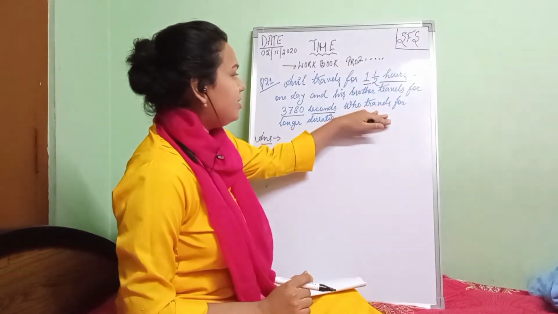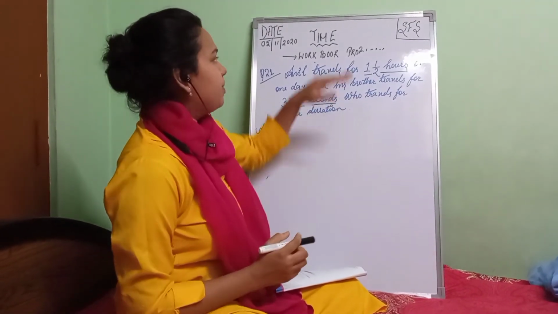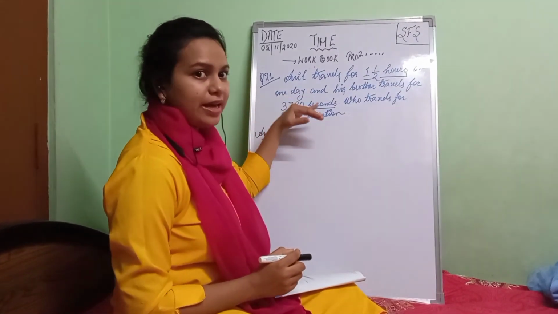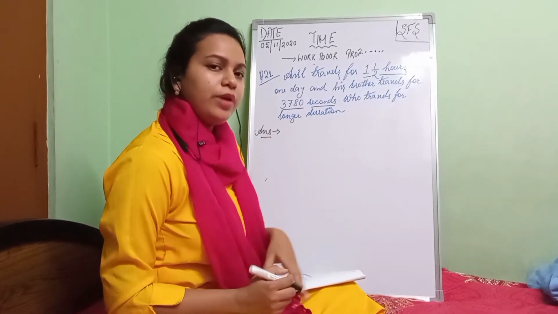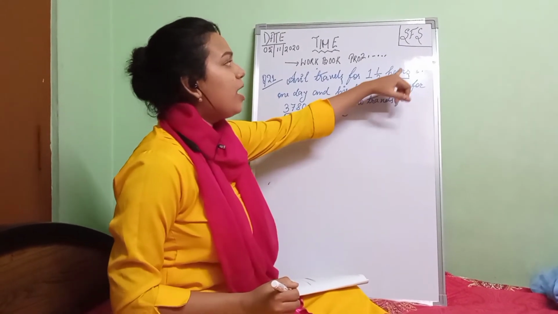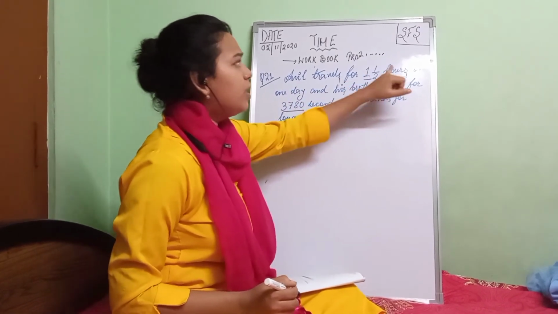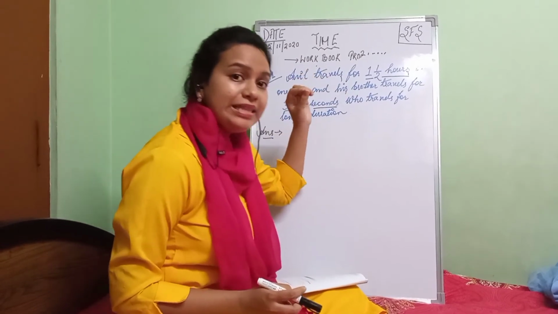You have to find out who travels for the longer duration. So you see, Anil travels in hours, his brother has traveled in seconds. They are both different units of time. To compare, what do you have to do? You have to bring either hours to seconds or seconds to hours.